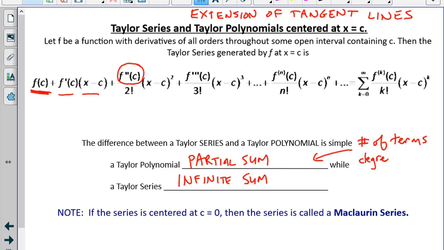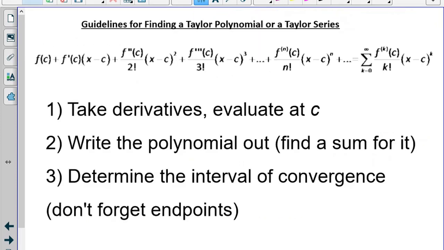It might say that it's a 7th degree Taylor polynomial, or a Taylor polynomial with 5 terms. Whereas a Taylor series goes on indefinitely. If the series is centered at c equals 0, then it has a special word. It's called a Maclaurin series. And both of these are named after famous old dead English mathematicians.